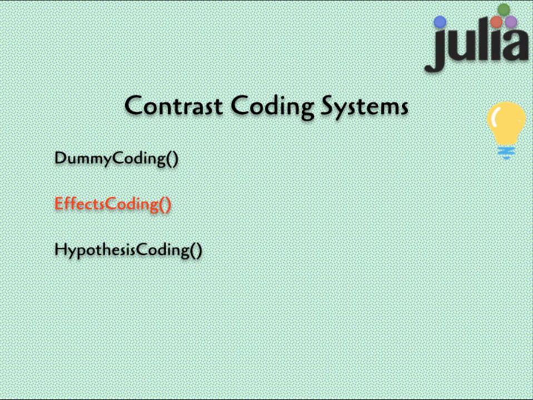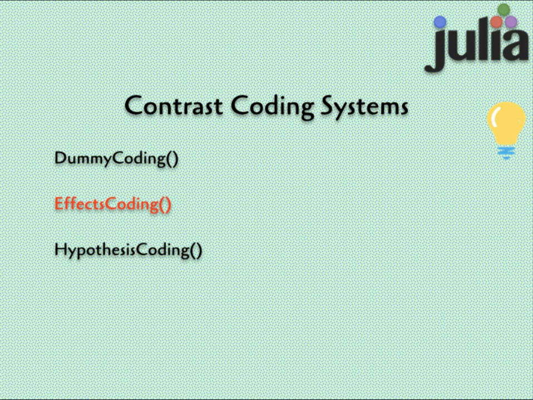In other words, choosing a coding scheme for a categorical predictor helps the regression coefficients of k-1 variables correspond to a set of linear hypotheses on the cell means. I will demonstrate how to use two of the coding schemes that Julia provides, the effects coding and the hypothesis coding.